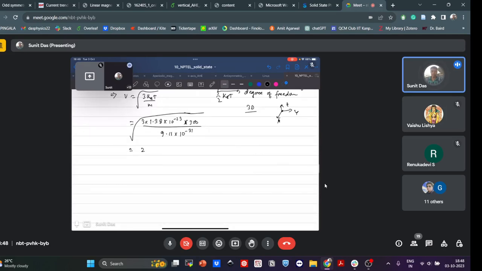This comes out to be 2.3 into 10 to the power 5 meter per second. This is just an estimation. Okay, next problem.